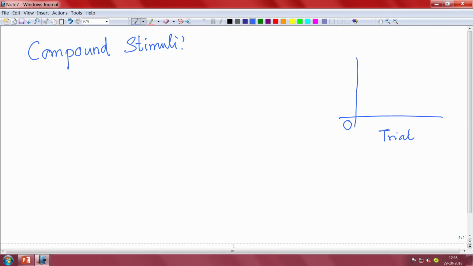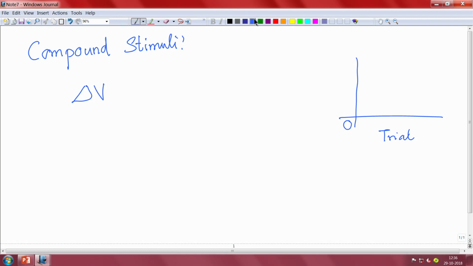Since we have pre-trained the animal in the tone, our response would be whatever response the animal has acquired for the tone at the very end of the pre-training.